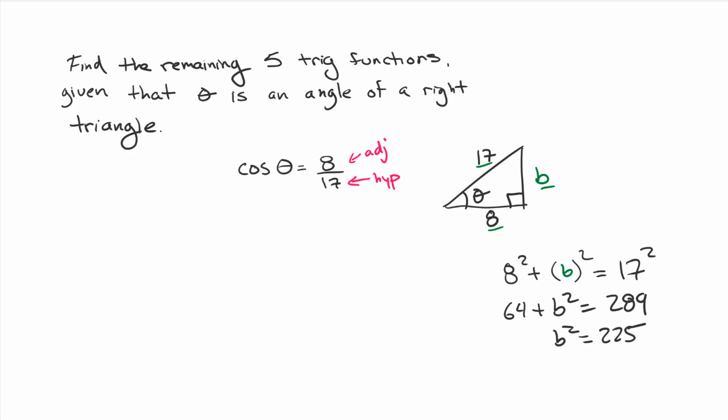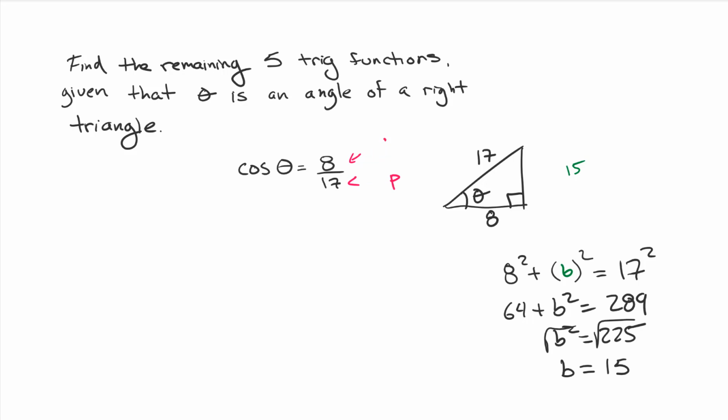I've done these 1,000 times, so I know them. If you hit both sides with a square root, the square root of 225 is 15. So we found our b to be 15. We can lose the letter b and leave it with 15. Now I think it's not too bad to find our 5 remaining trigonometric functions.